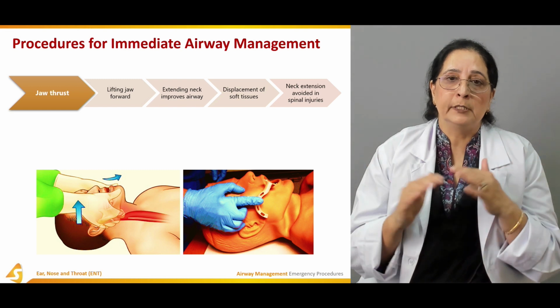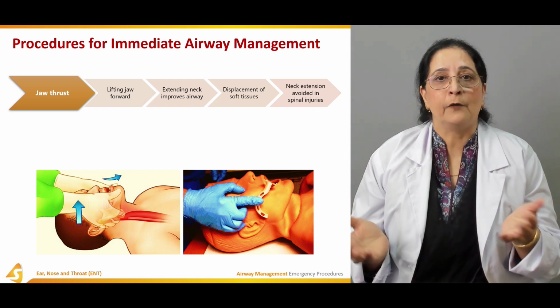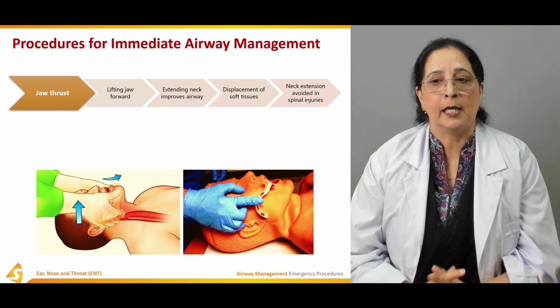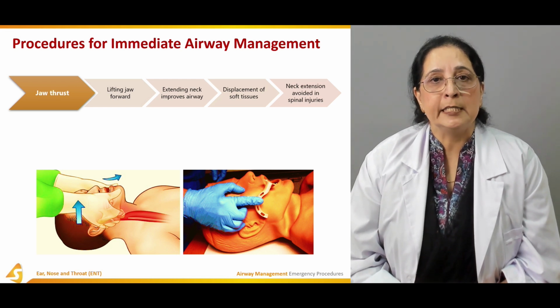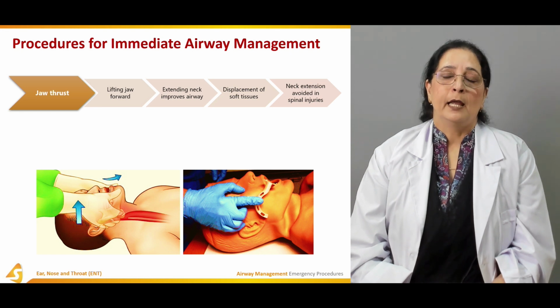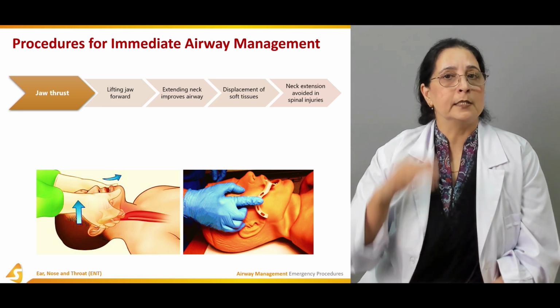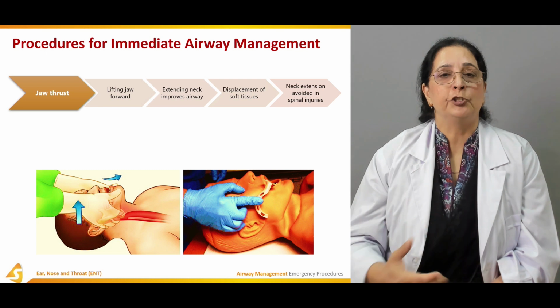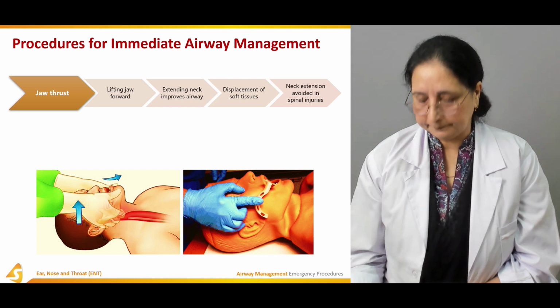That displaces the soft tissue so breathing can be done. And if there is any spinal injury expected or suspected, avoid the jaw thrust because it can exaggerate the injury to the neck.